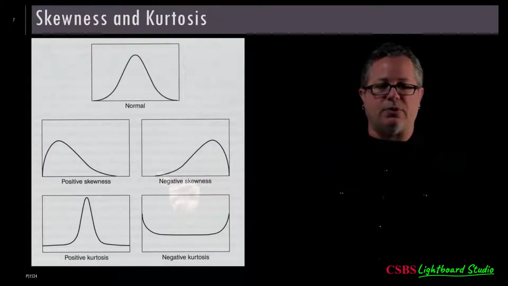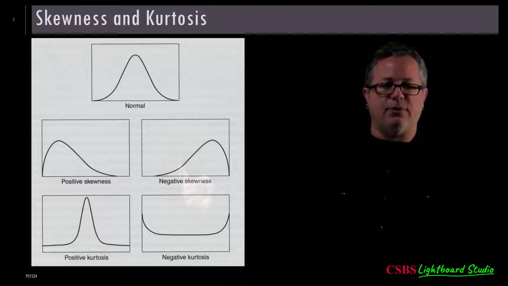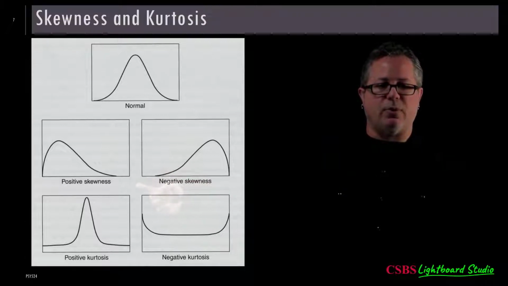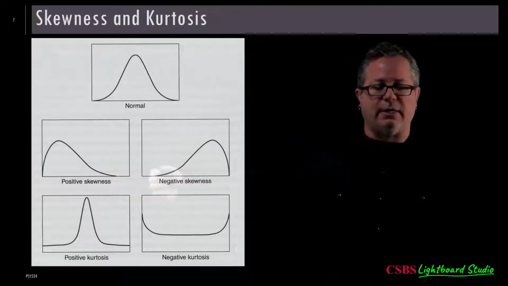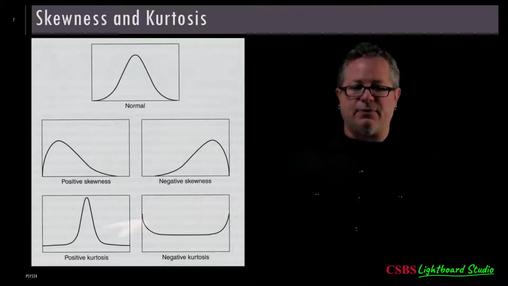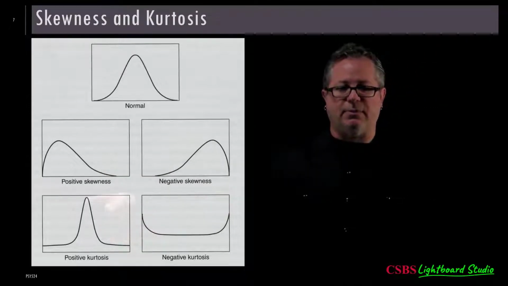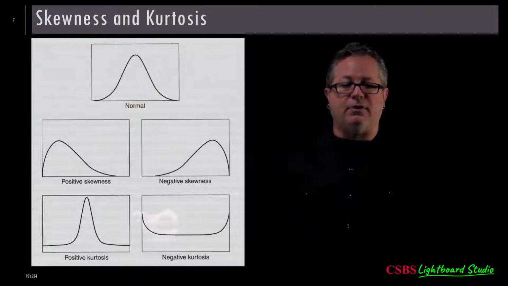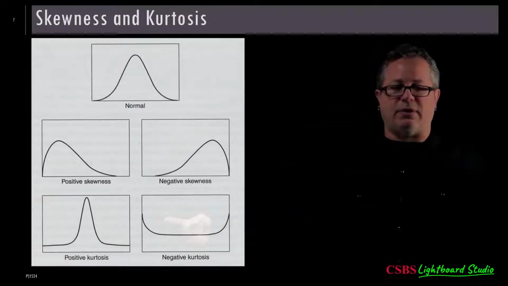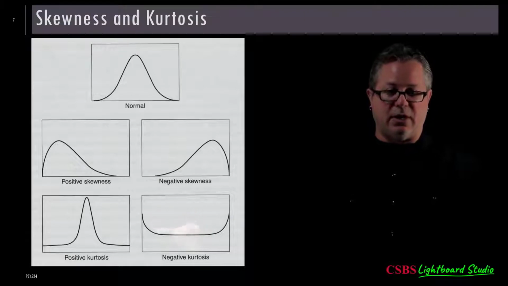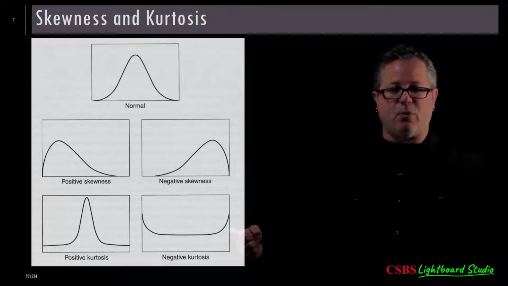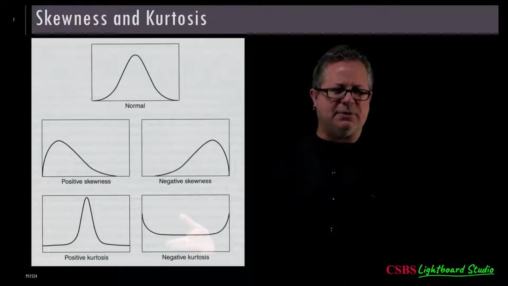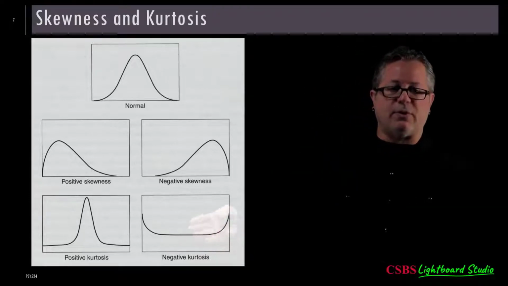The tail is where the skewness is happening. These are a few scores that are extreme on the low end. These are a few scores that are extreme on the high end. Here you've got positive kurtosis, extremely peaked. You see how skinny this is relative to this. And this is extremely negative. Not only is it flat, it's actually going the other direction. You're actually having more people in the tails than in the middle, which seems like a pretty strange distribution, but that's where you get negative kurtosis.